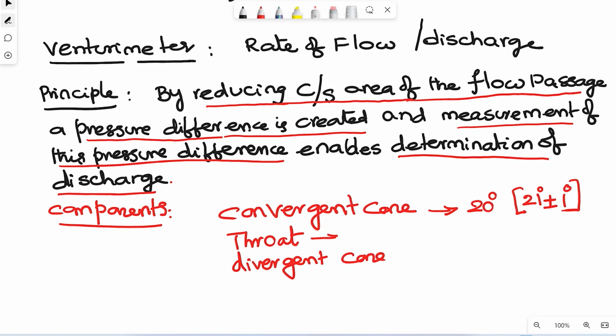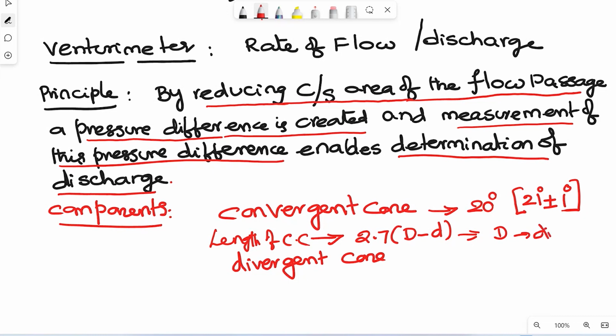And the throat length is equal to 2.7 into D minus d, where capital D is the diameter of the pipe and small d is the diameter of the throat. Sorry, this is the length of the convergent cone.